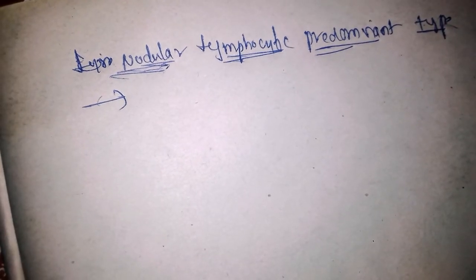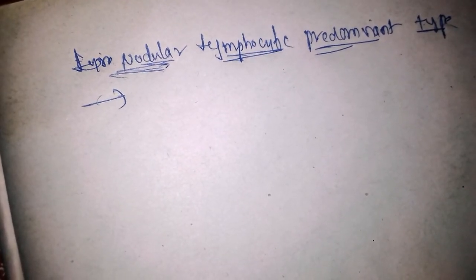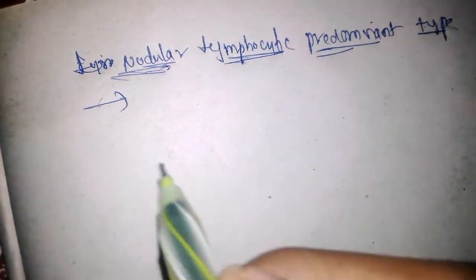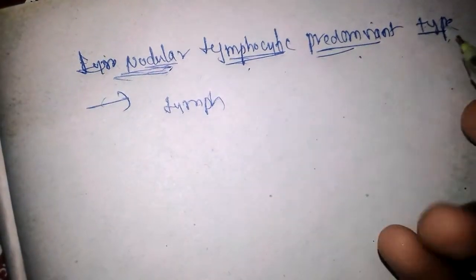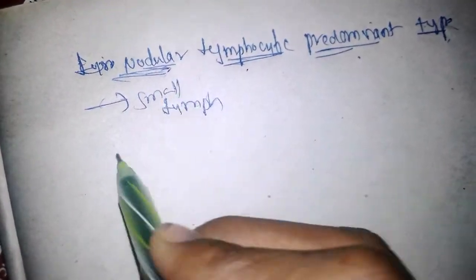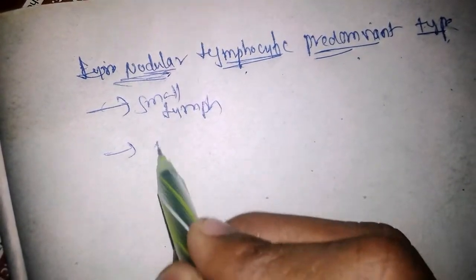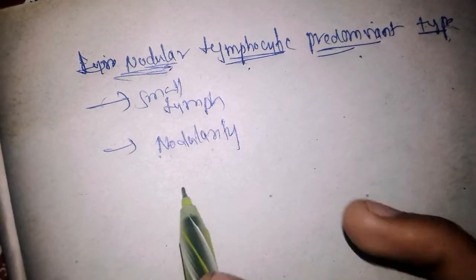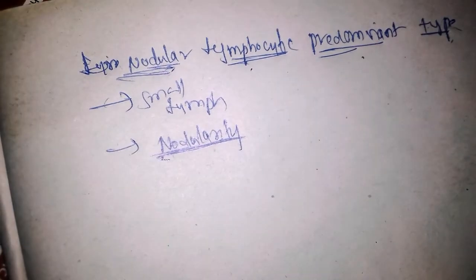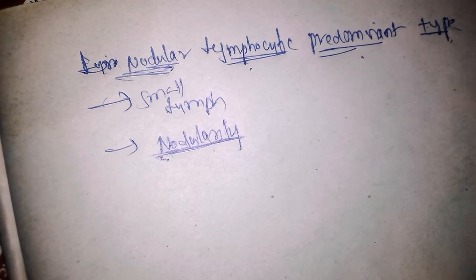The main difference is that here there will be predominant lymphocytes as in the lymphocyte predominant type. Small lymphocytes will be there, and there is also nodularity. If you take grossly, there will be nodularity, as if it is nodular sclerosis type.